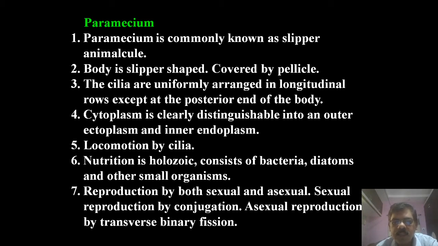Locomotion occurs with the help of cilia. Nutrition is holozoic, that is, completely animal-like. Food consists of bacteria, diatoms and other small organisms. Reproduction in Paramecium occurs by both modes, sexual as well as asexual. Sexual reproduction occurs by conjugation, and asexual reproduction occurs by transverse fission.